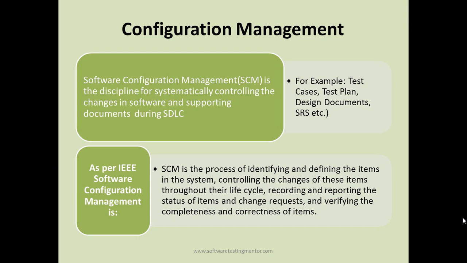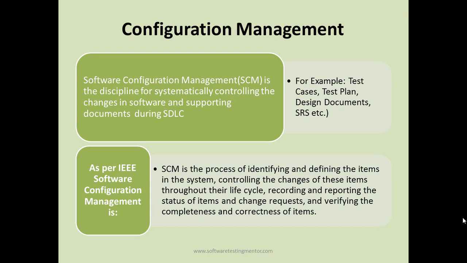So to elaborate the definition a little bit, it's controlling any changes in the items, be it your software code or any supporting document, for example design or requirements document, throughout their life cycle, and then recording and reporting any status, any changes or change requests.